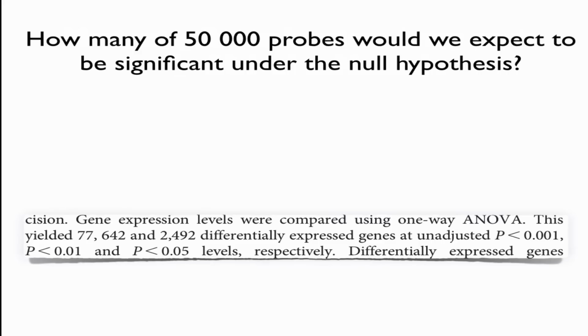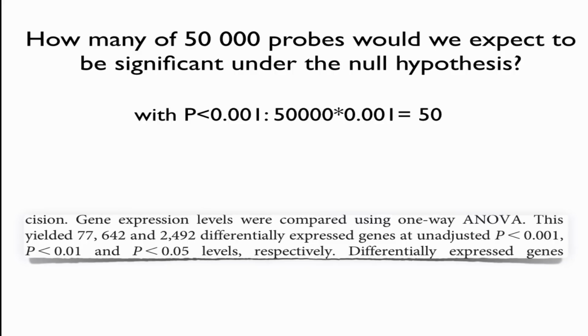That means that all p-values are as probable to observe. Under such conditions, you just multiply by the p-value threshold to find the number of p-values that we expect to fall below a certain threshold. So for a p-value threshold of 1 per mille, you will find 50 probes that are differentially expressed.